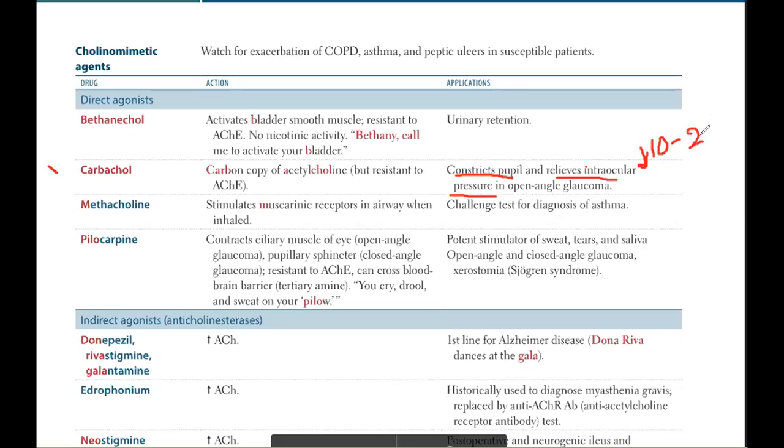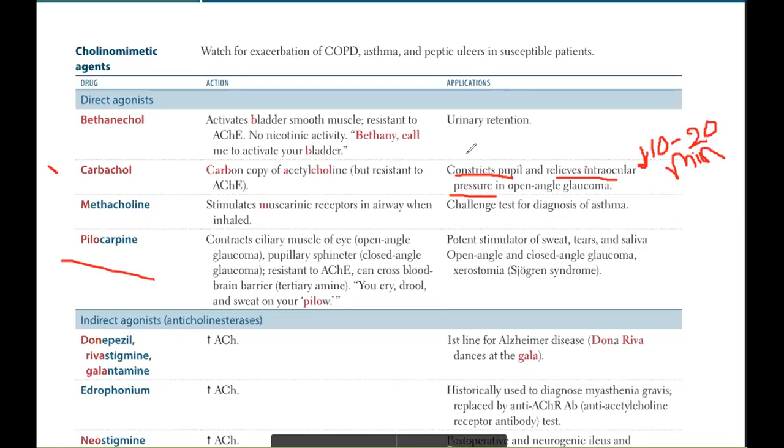The best drug given in emergency is pilocarpine, not carbachol. I'm just telling you the time so that you never mix them up.